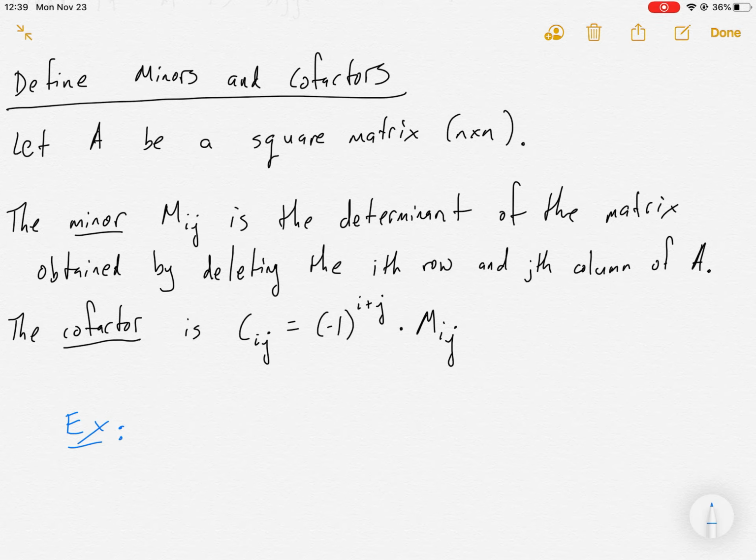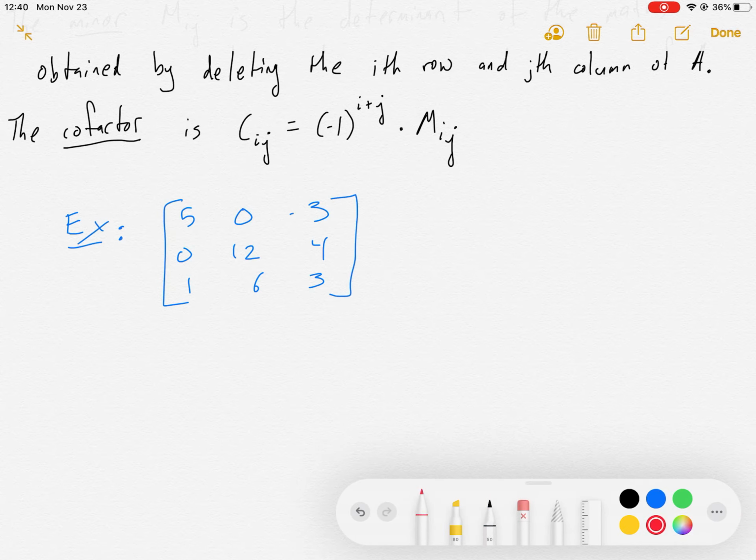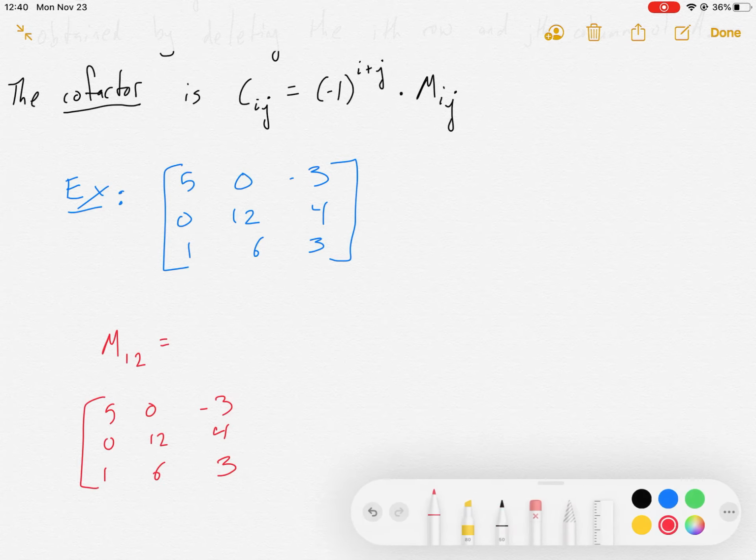So as the example here, let's just say you have a matrix. We'll be using this one later as well, but let's say it was 5, 0, -3, 0, 12, 4, and then 1, 6, 3. Let's find M1,2.